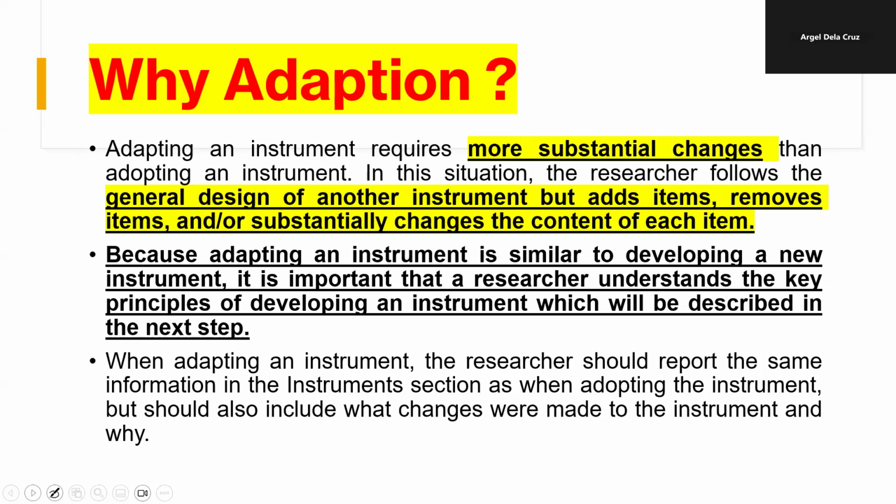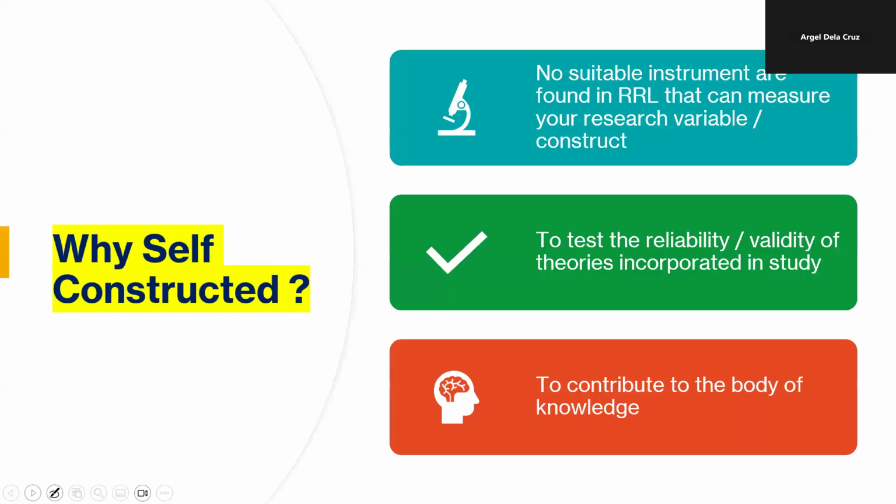Okay, next. Why self-constructed? I think this is basically the hardest part. Number one, you find that there's no suitable instrument in your RRL or in your literature that could measure your research variable or construct. For example, happiness. You can't find a measurement for happiness?